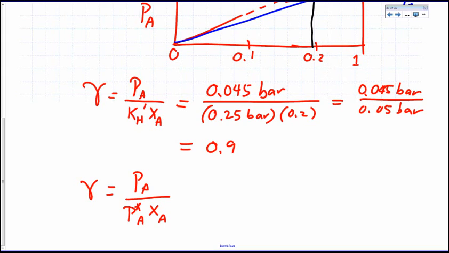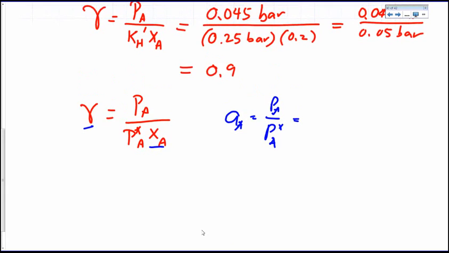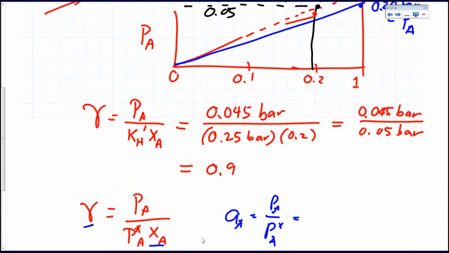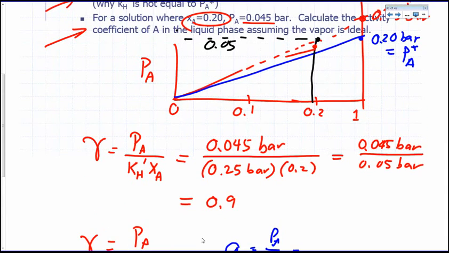Think of it this way. Gamma times XA is activity of A. So activity of A, we said, is PA over PA star. If you're going to use Raoult's law, then that's what it's going to be, right?